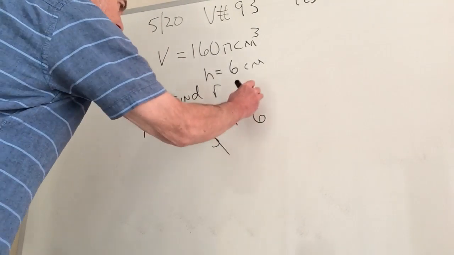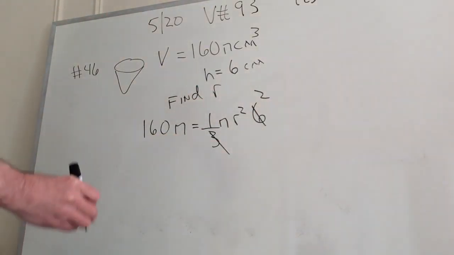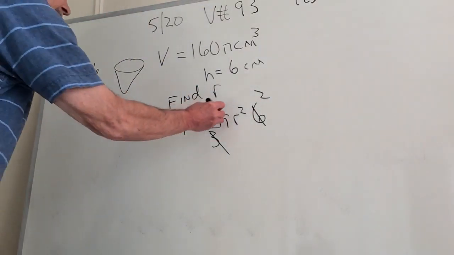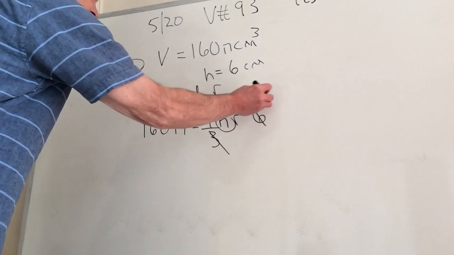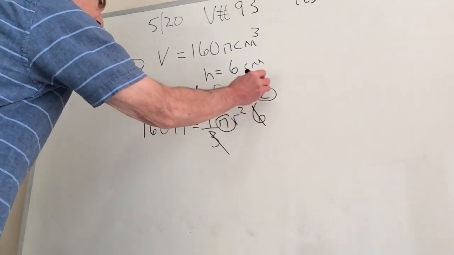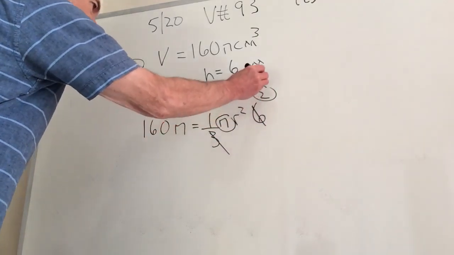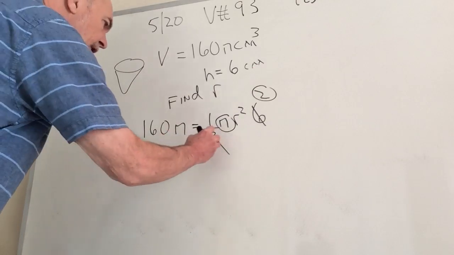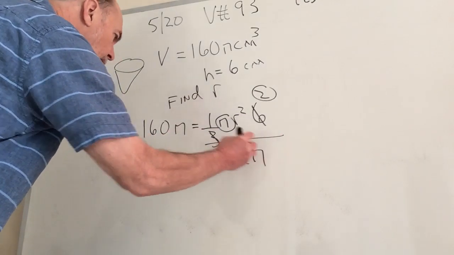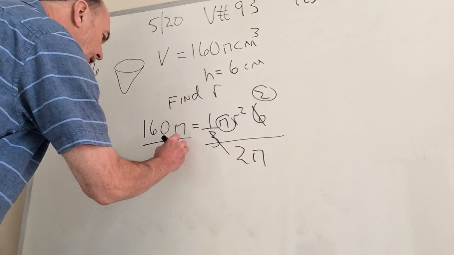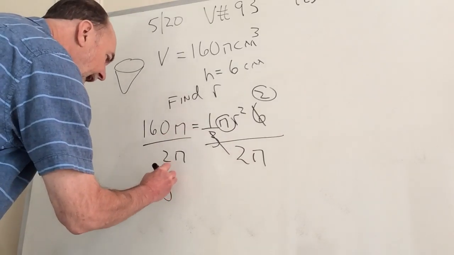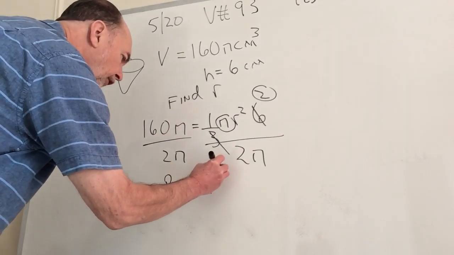So it kind of looks like the problems that Mr. Donnelly was giving you. You divide by pi and the 2 here. This is a 2 that's left over. 3 goes into 6 2 times. So I'm dividing on one side and doing the other side, and so I get 80 equals r squared.